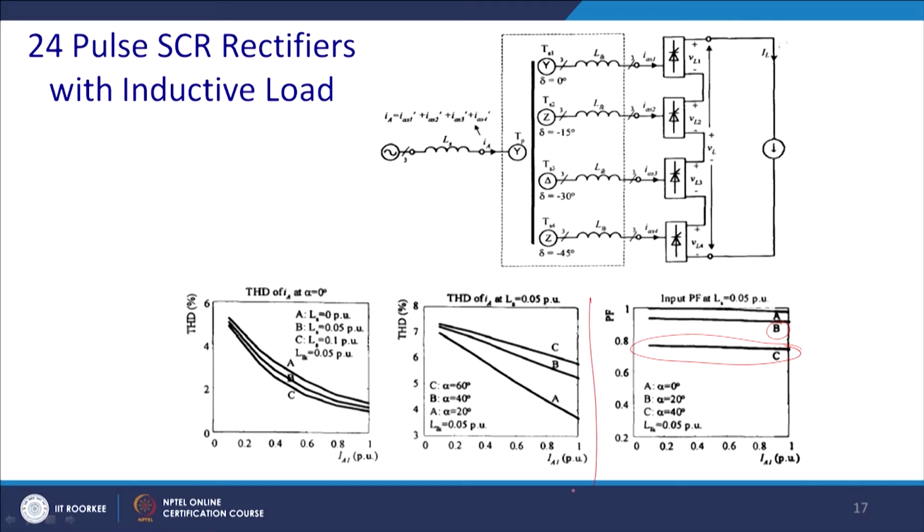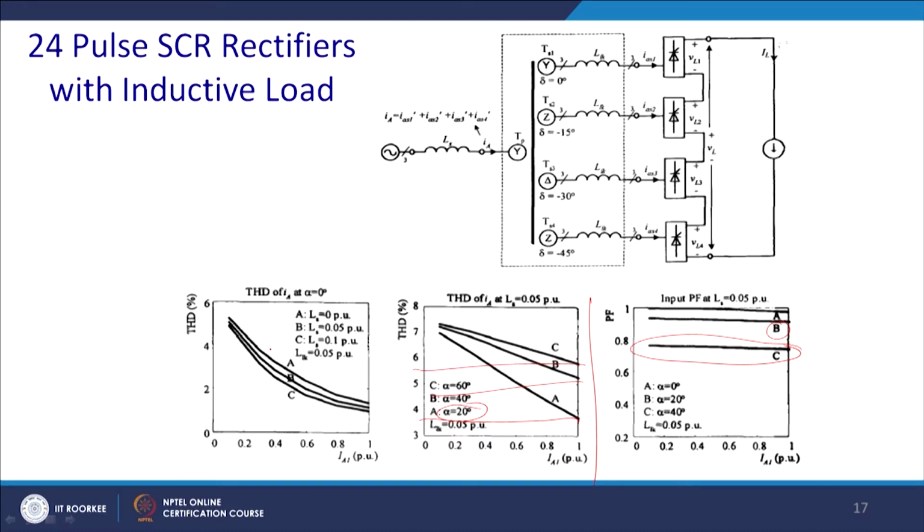But here there is an advantage. You can see that A goes to less than 4% for alpha 20 degree at full load. Similarly, B is 40%, and C is 60%.